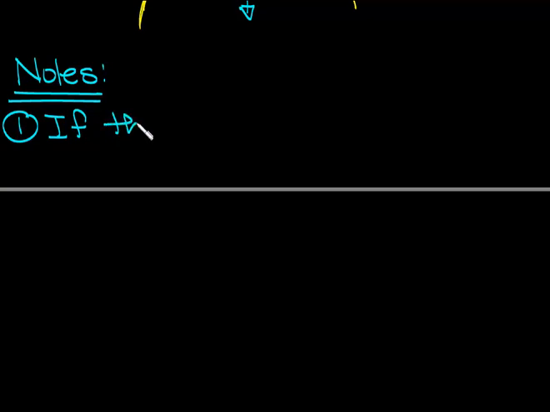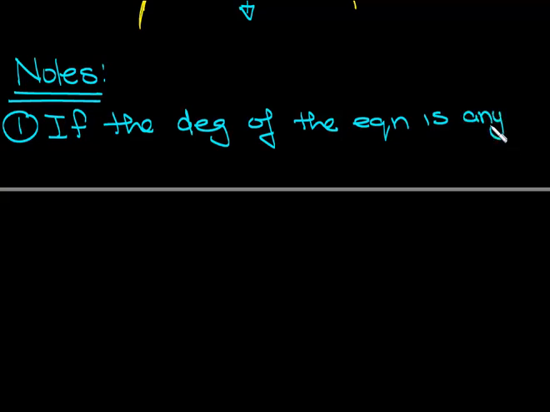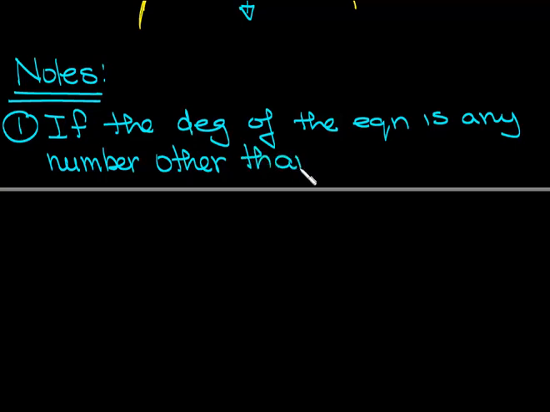If the degree of the equation is any number other than 1, the graph is a curve. 1 means what?